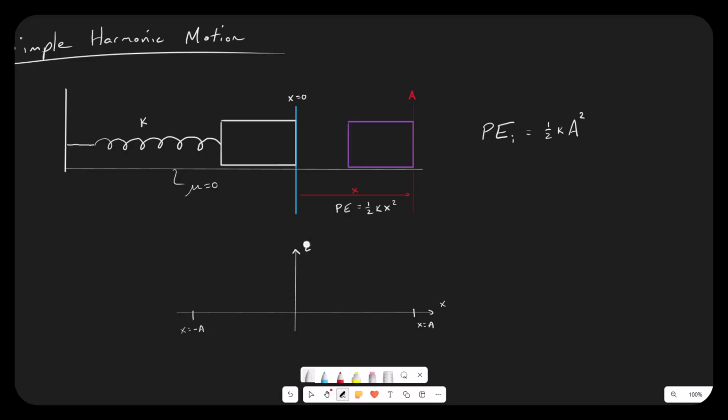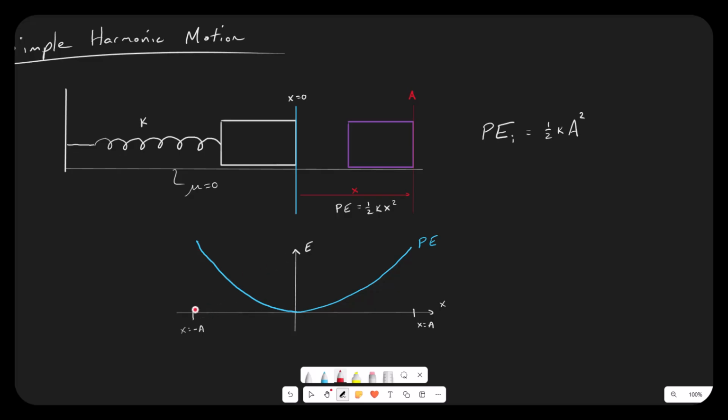If I am plotting energy, then I'm going to have potential energy that is a half kx squared, that's a parabola. So over here I'll have something like this, and that's going to be symmetric across the x-axis. This is my potential energy. Now my total energy has to be constant. So over here, I will have no kinetic energy.